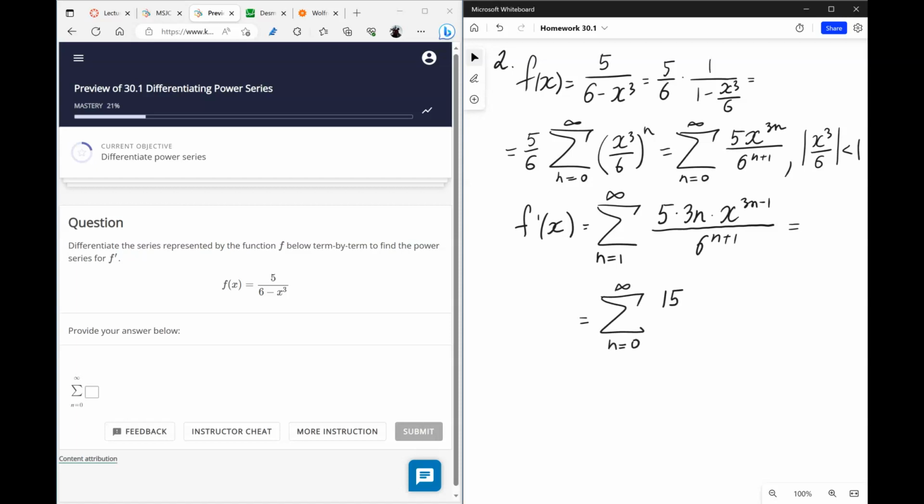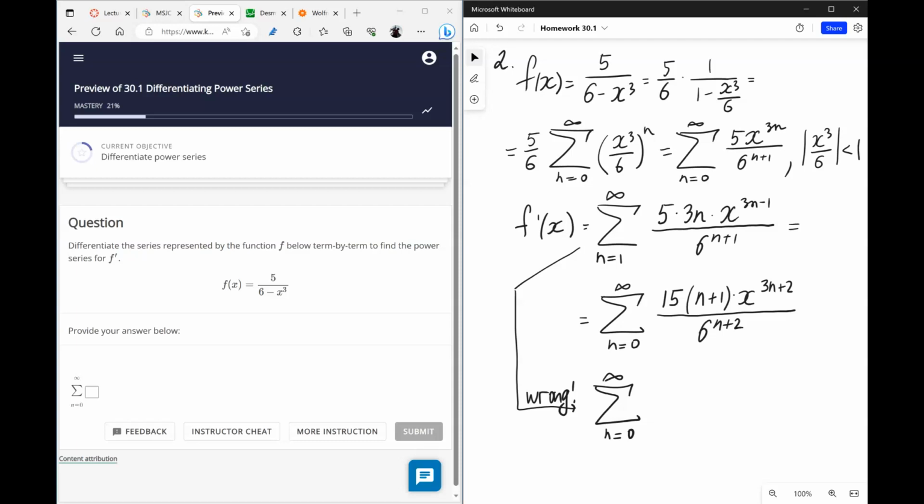So we're going to have 15 times n plus 1, x to the power 3n plus 3 minus 1, so it's 3n plus 2, divided by 6 to the power n plus 2. So this is the correct answer, and I'm going to also make the wrong answer, just to make Newton happy. The wrong answer will be to keep that index 0.